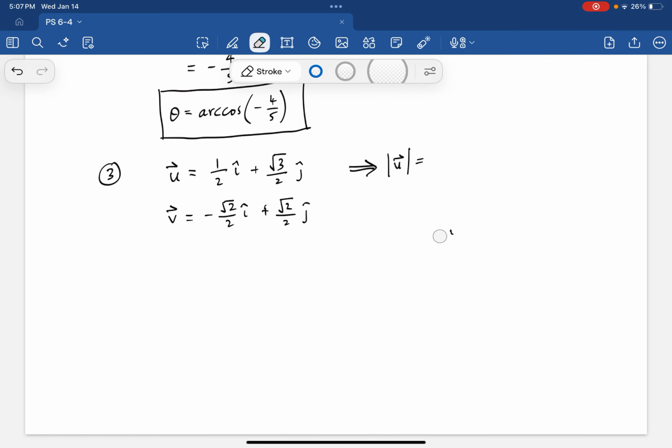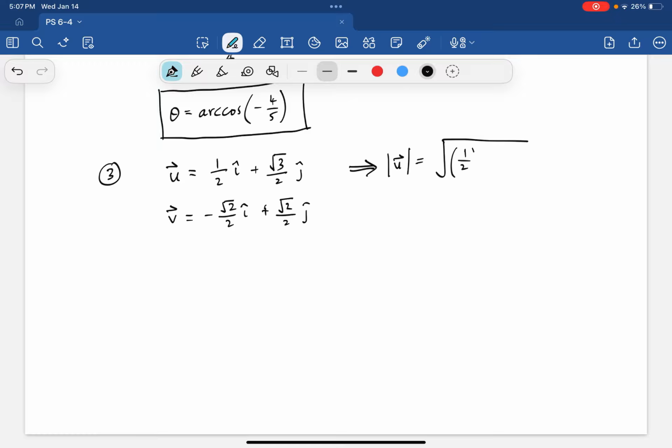So I know the magnitude has to be 1, but I'll calculate it out just for good measure. It's going to be 1/2 squared plus root 3 over 2 squared, which is 1/4 plus 3/4, which is 1, obviously. And then v is also going to be magnitude 1, because this is just 1/2 plus 1/2.